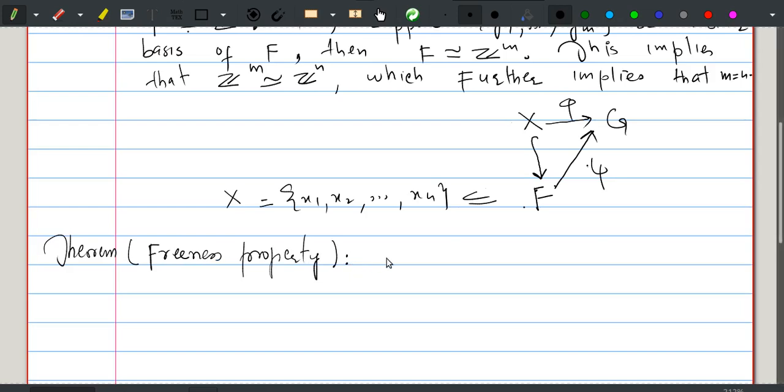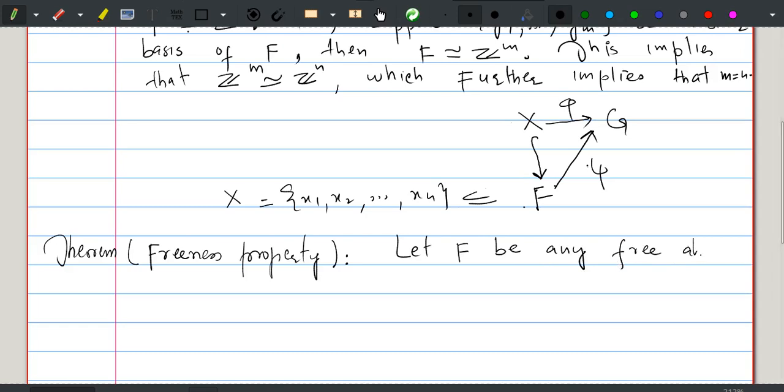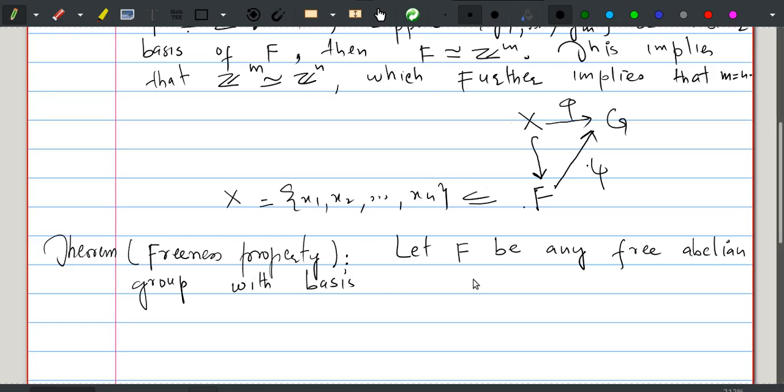So the theorem says that let F be any free abelian group with basis, say this set X is x1 through xn.